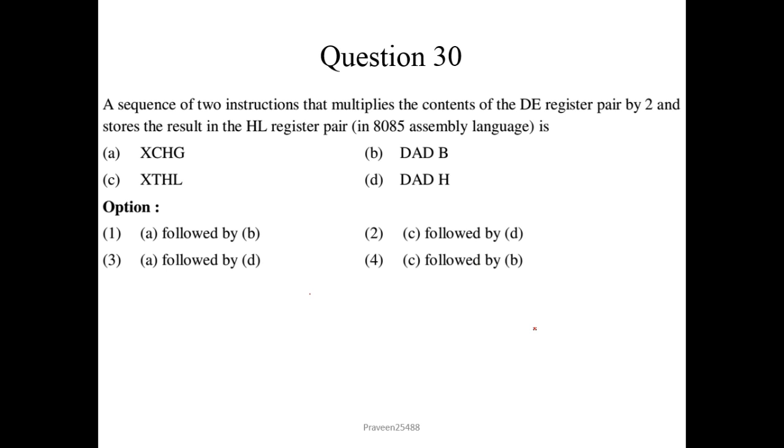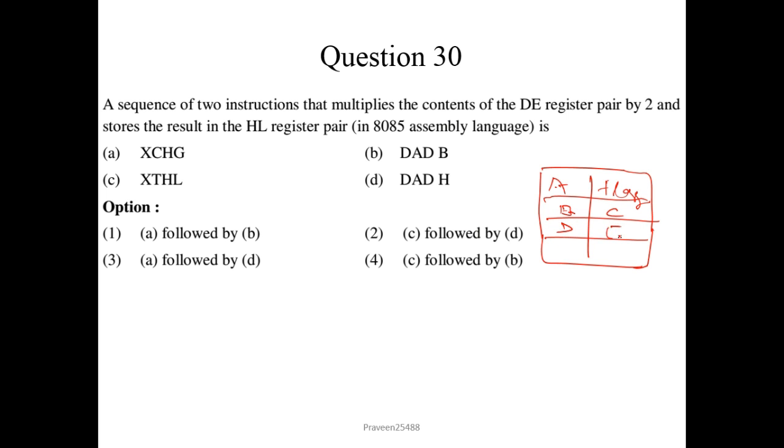Question number 30. A sequence of 2 instructions that multiplies the contents of DE register pair by 2 and stores the results in the HL register pair. So if you remember the register structure of microprocessor 8085, we have 8-bit accumulator and 8-bit flag register, B, C, D, E and HL.